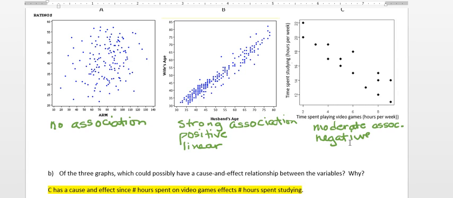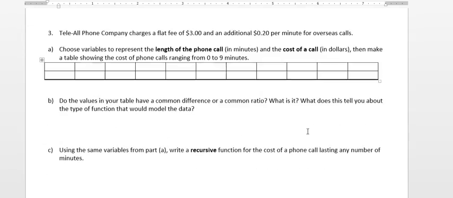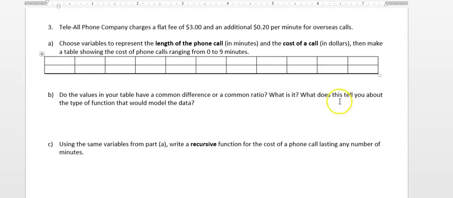So now we're going to utilize that vocabulary and go into some of the examples that we have on how to identify and manipulate the numbers. All right, so for this first one here, we want to go ahead and create a table. We're told here about a phone company that offers a flat fee of $3. So that means at 0 hours, I don't use my phone at all, then I'm spending $3.